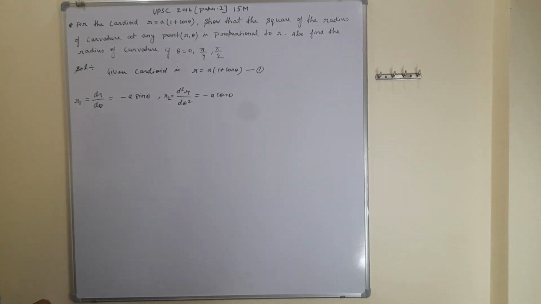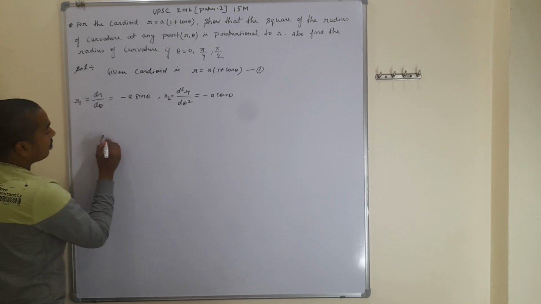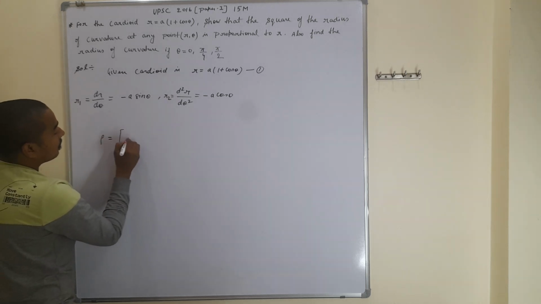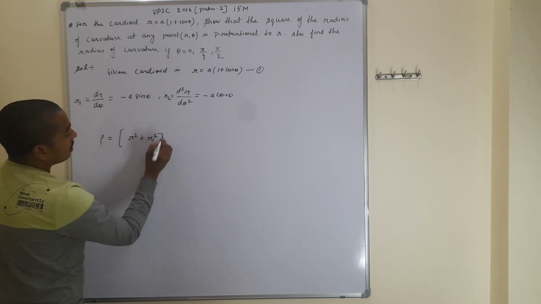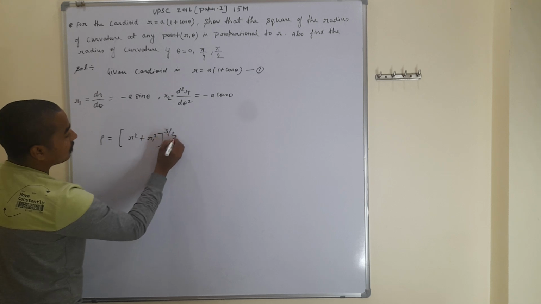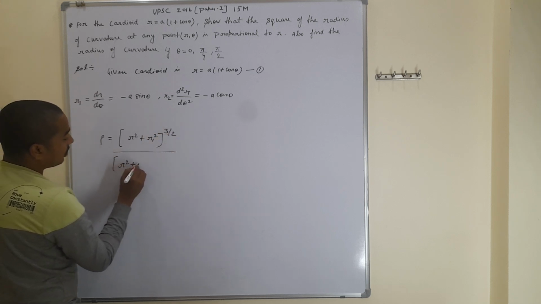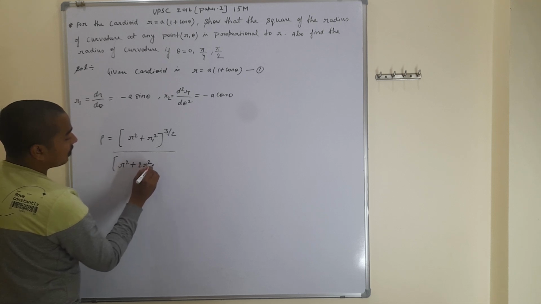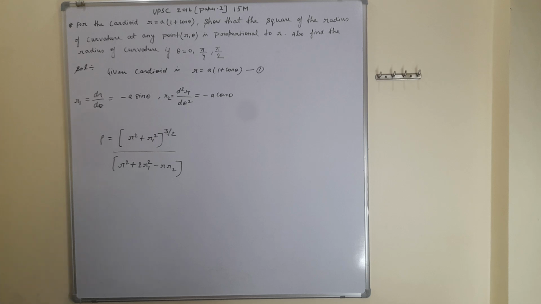We have to know the formula of radius of curvature in polar coordinates, that is rho is equal to (r square plus r1 square) whole power 3 by 2 upon r square plus 2 r1 square minus r r2. This is the formula in polar coordinates to find the radius of curvature.